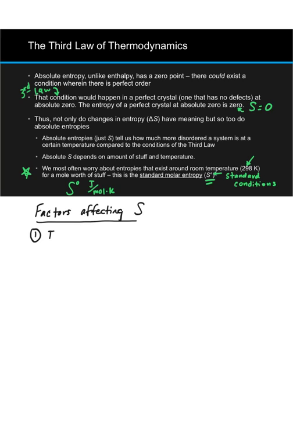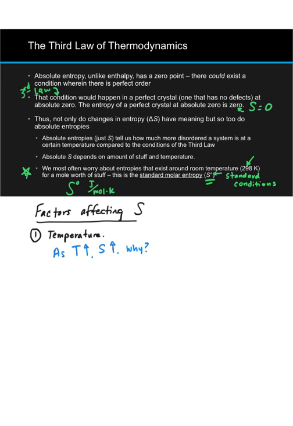For one thing, temperature affects the absolute entropy for a substance. Regardless of the substance that we're interested in, we'll say that as temperature increases, as T goes up, the absolute entropy for a substance goes up.